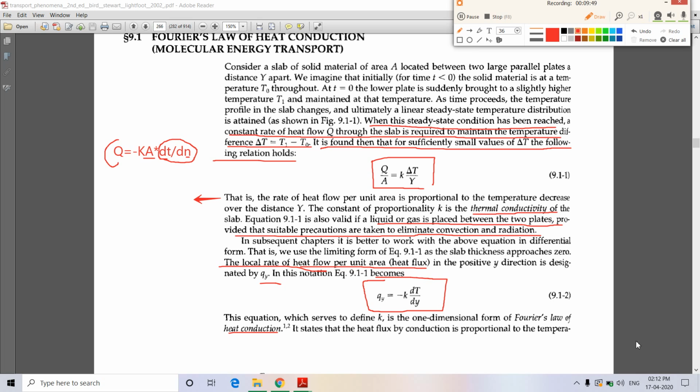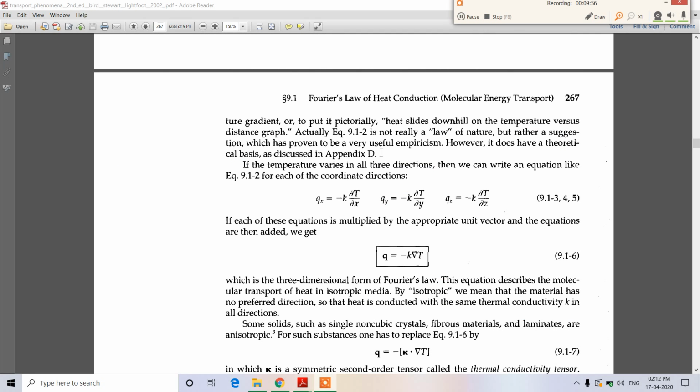That is Fourier's law for heat conduction in one dimension. For three dimensions, or all three coordinate directions, the law can be written as here.